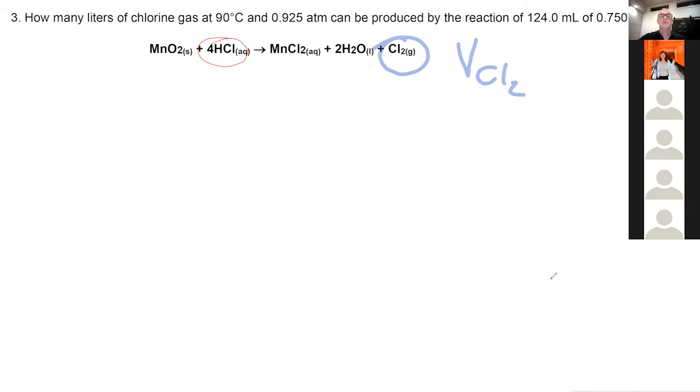And so we have to assume that there's an excess of the other reactant. And what do we call that? What would this be called?